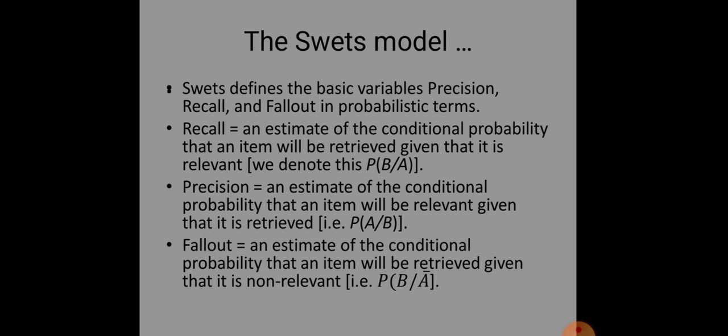It is an estimate of the conditional probability that an item will be retrieved given that it is non-relevant. It can be denoted as probability of B given A bar. So for the Swets model, we are interested in probability of B given A and probability of B given A bar. Here he considered the recall-fallout curve. Hope it is clear.